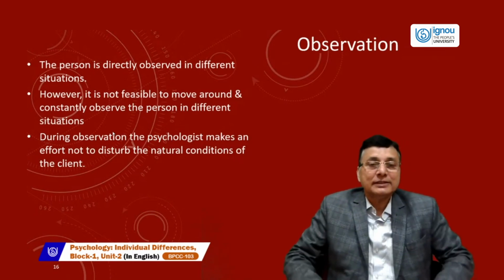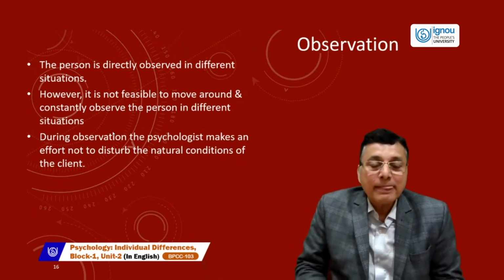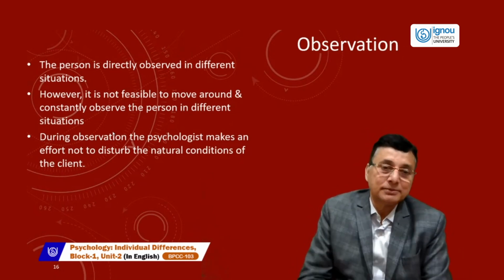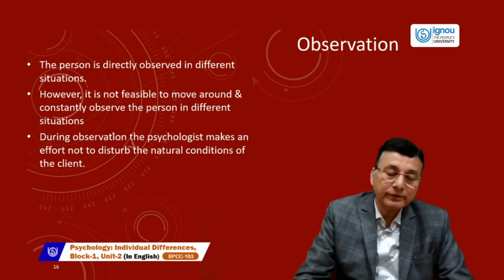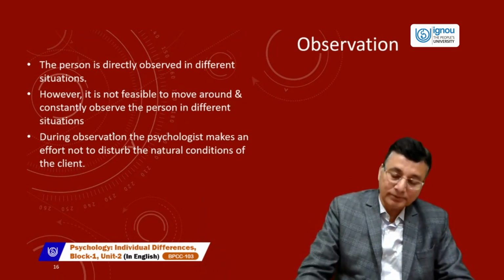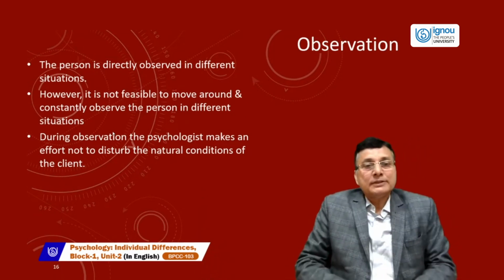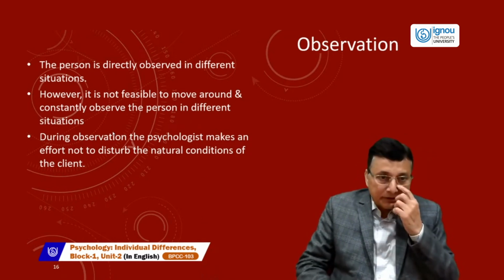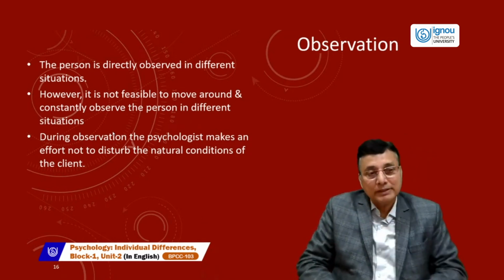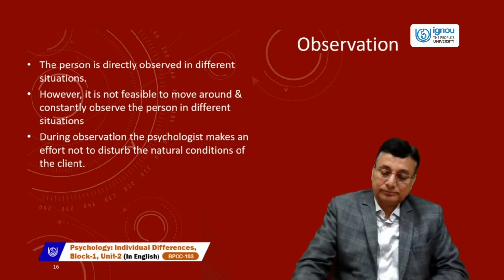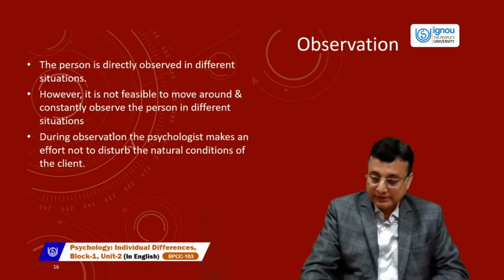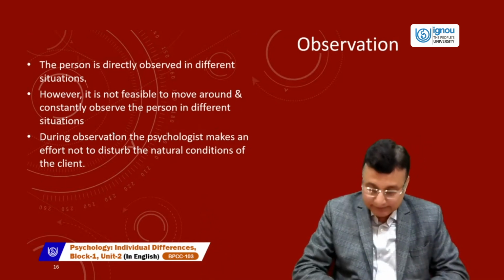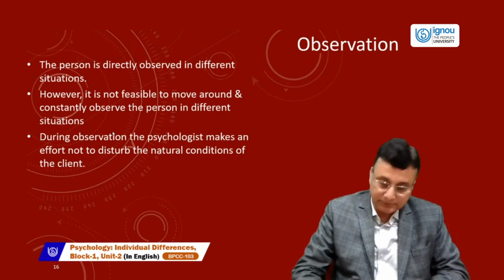In other situations, we are dependent on others' reports, like parents' reports, teachers' reports, friends' reports, colleagues' reports. During the observation, the psychologist makes an effort not to disturb the natural condition of the client. It means if you are observing, the client should not be very much aware of this observation.